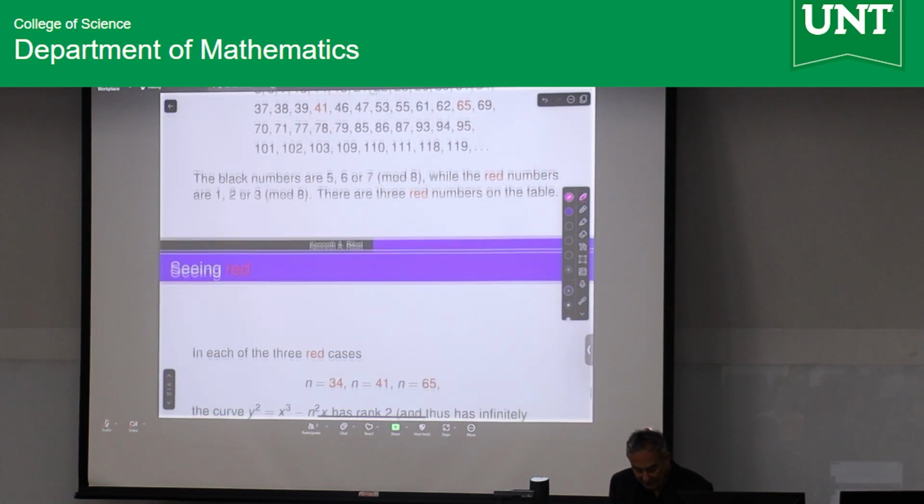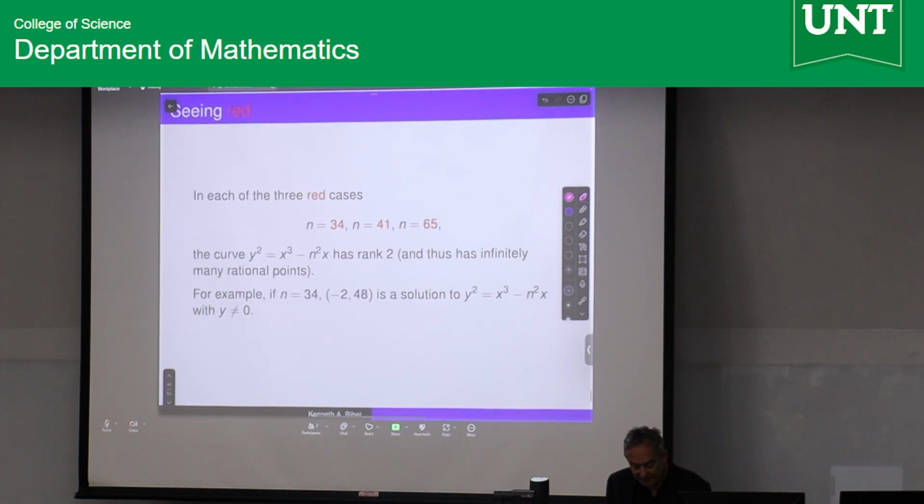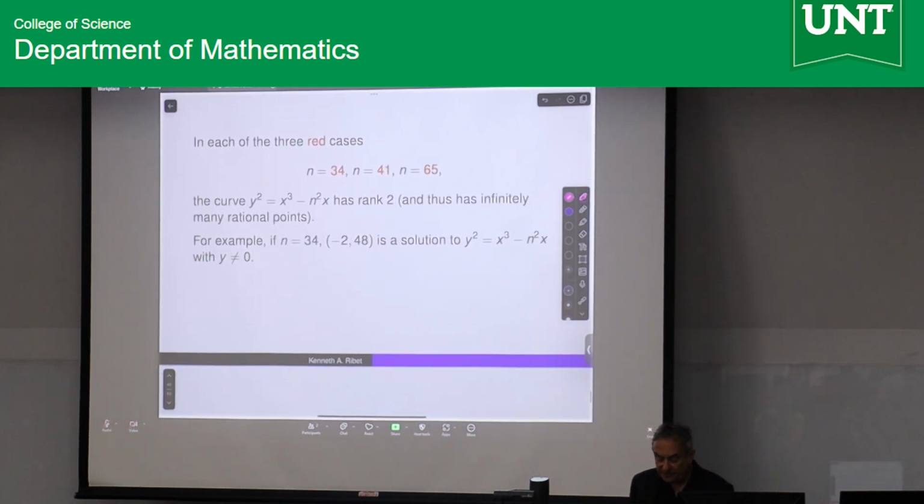And I think I explained that in the next, which is probably the final slide. So for example, 34, which is the first number, I found a whole number solution, -2, 48. You can check if that works. And so 34 is a congruent number, and this elliptic curve has positive rank, and Sage will tell you that the rank is 2.